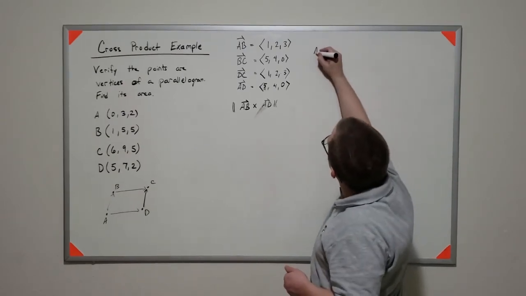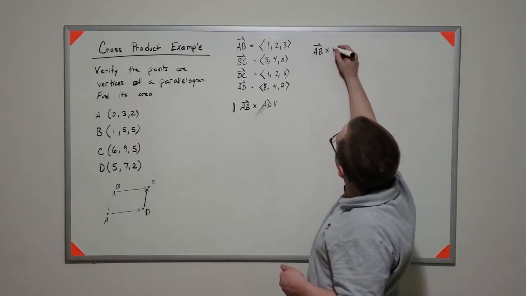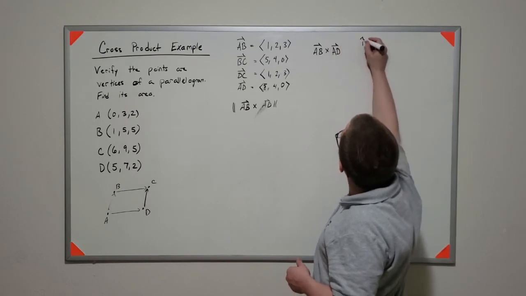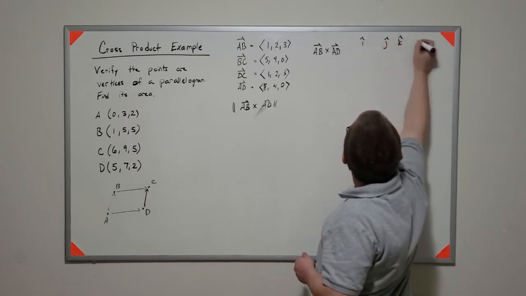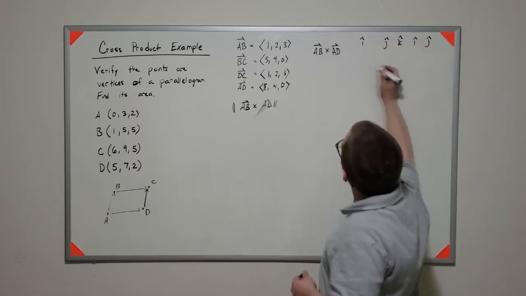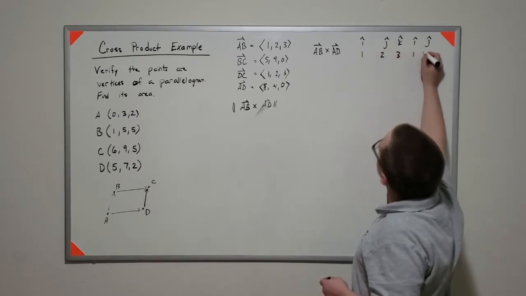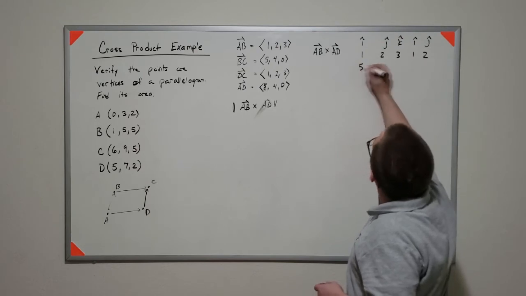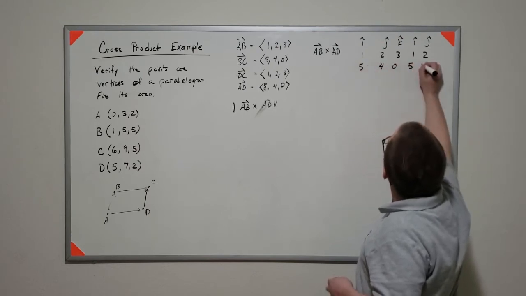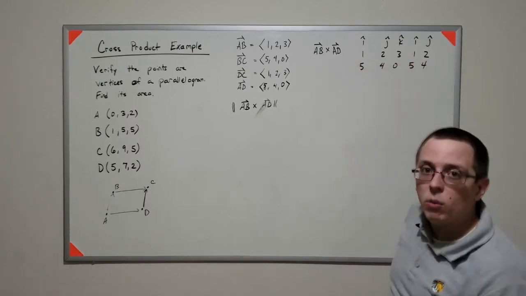So to get AB cross AD, I have to fill this out. So I say 1, 2, 3, 1, 2. 5, 4, 0, 5, 4. And then I want to go across.